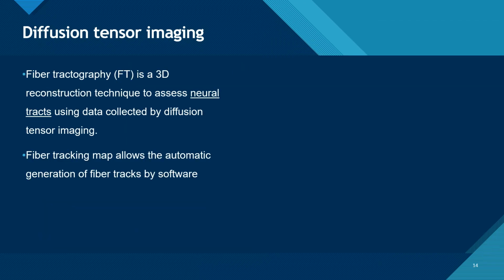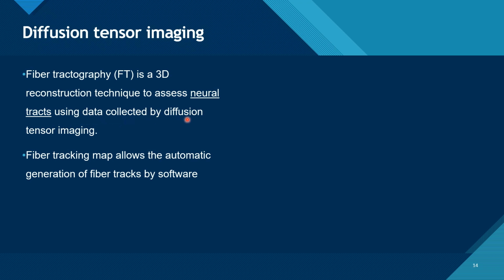The last part of diffusion tensor imaging is, what if we plot these directions and these maps but in a 3D fashion? The 3D reconstruction of the directional map can assess neural tracts and can also assess any surrounding lesion such as tumor and abscess, and from here we can actually plot which nerve fibers appear to be displaced and which nerve fibers appear to be disrupted.